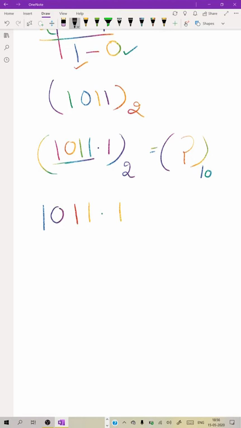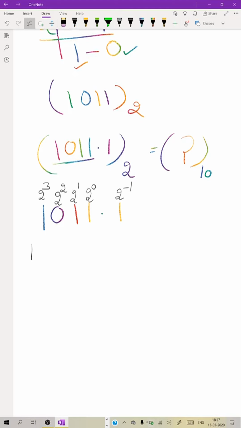After that, you can always start from this side. You can write down 2 raised to power 0, 2 raised to power 1, 2 raised to power 2, 2 raised to power 3, and from this side, after the point, your power is in minus. So how do you calculate it?